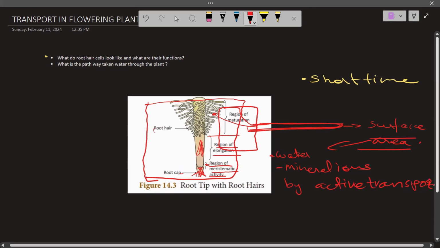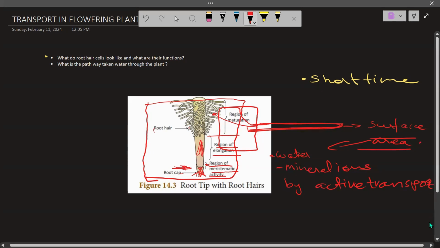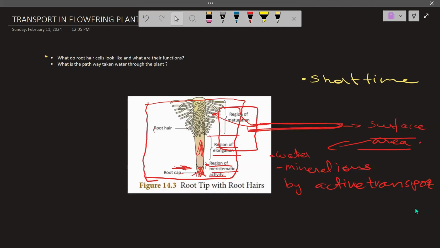As you can see, there are no root hair cells in the root cap region, right? Because the root in the soil is always growing, as you know.